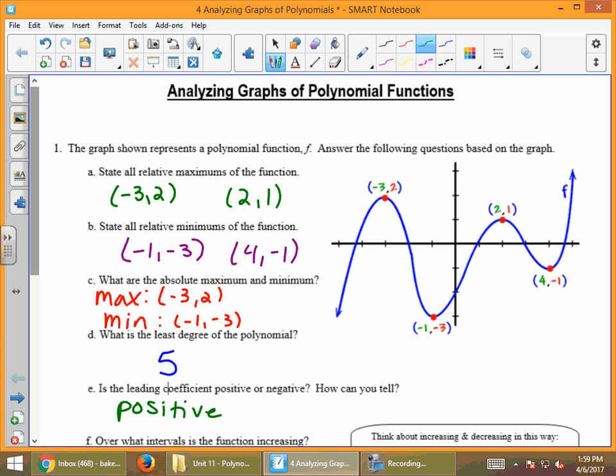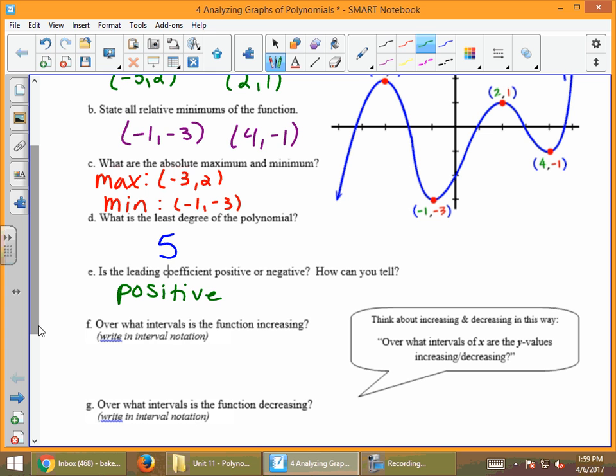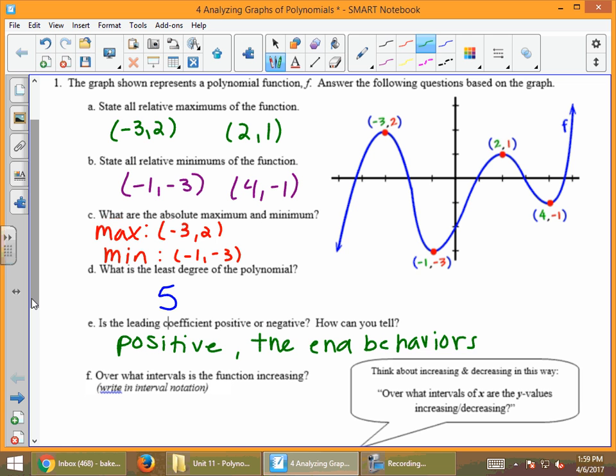And backwards is what even would be. This one would be positive. And again, we can tell by the arrows. The end behavior tells us. Just look at the arrows, see where they're pointing, and it will tell you whether it's positive or negative. So a positive and even function, arrows will be pointing up on both ends.